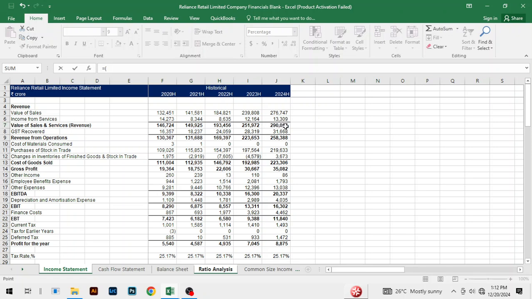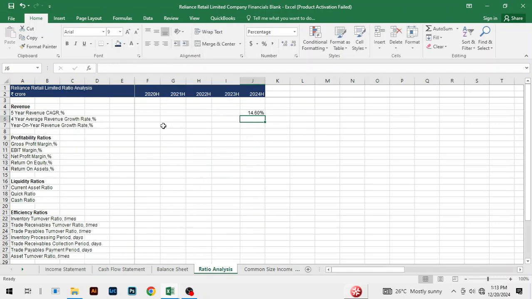I'm going to pick revenue for 2024, divide that by revenue for 2020, and then to the power 1/5, since it's for 5 years, then minus 1. Perfect. And here we get 14.6%.